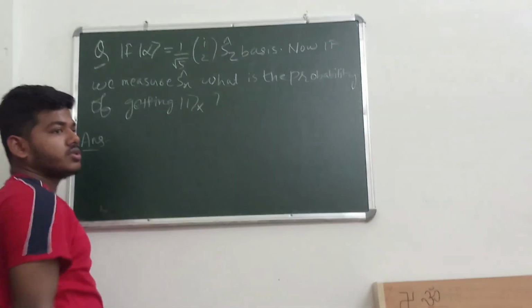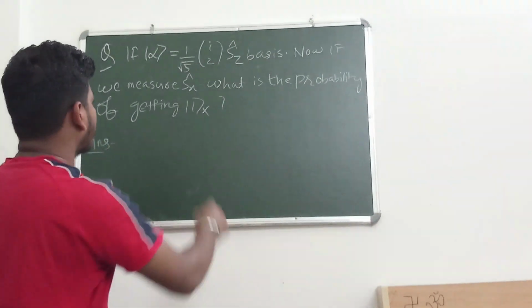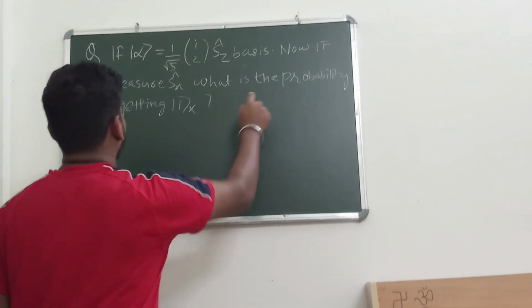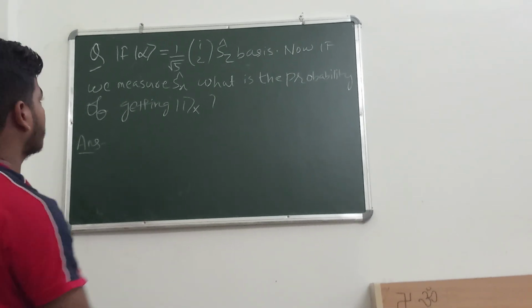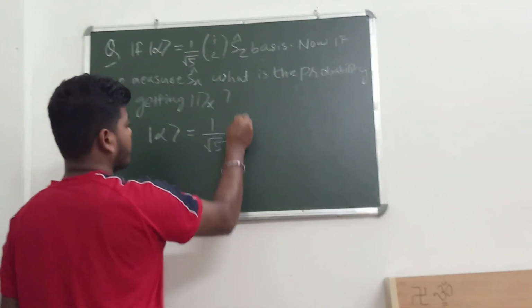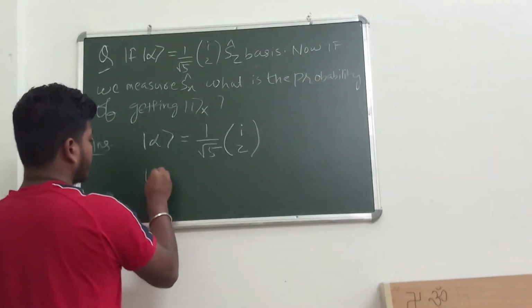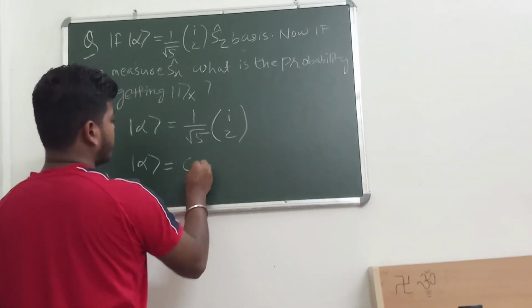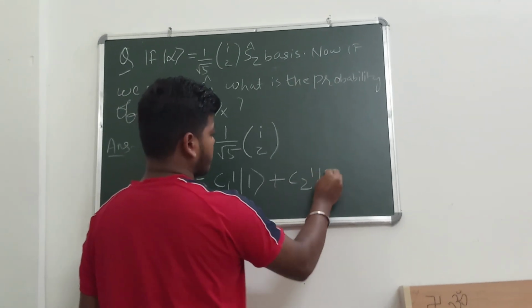So the given question is in Sz basis, and now I want to measure Sx. In the given question, what is the probability of getting 1x? So I can write first alpha, that is given as 1 by root 5 i 2. Then I can write this in terms of C1 prime and C2 prime. It is in Sx basis, given C1 prime 1 plus C2 prime 0.